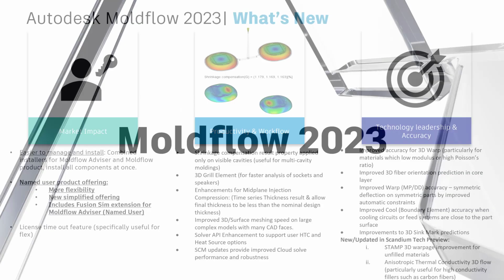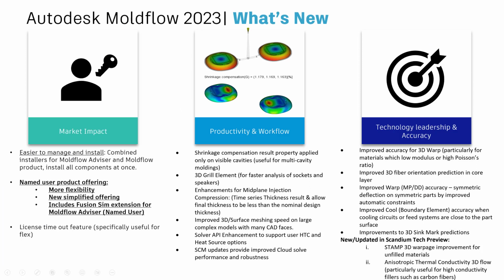With that, I'd like to get started with the three areas that the Autodesk division has always been focusing on. The market impact talks about the way we are doing the installation, the ease of use, the simplification of licensing, and the introduction of the Moldflow named user.